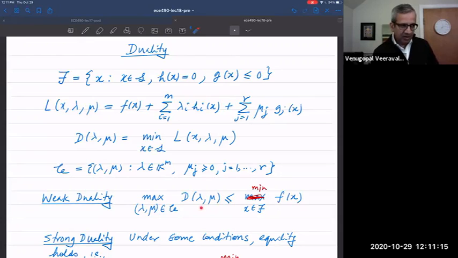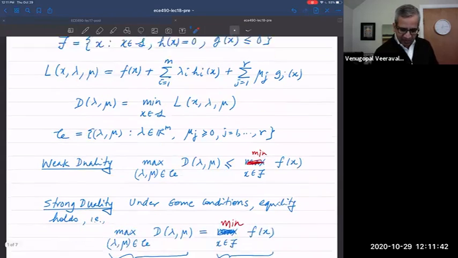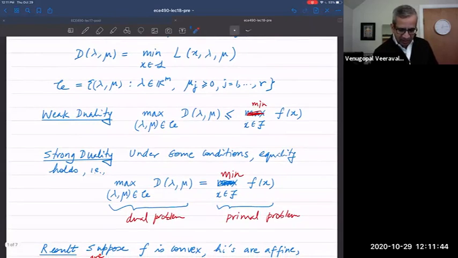You can get a lower bound by choosing any Lagrange multipliers in d of lambda, mu. Of course, to get the tightest lower bound when strong duality doesn't hold, you'd take the maximum over this. But this result always holds without any other conditions. When we say strong duality holds, we need some conditions, but under those conditions, we can show that these two are equal to each other. I see. Thanks.